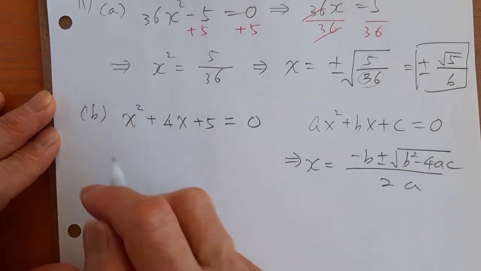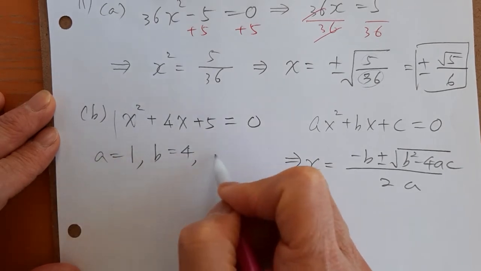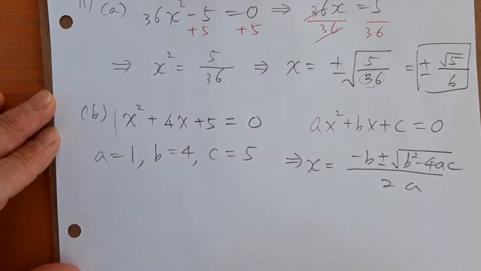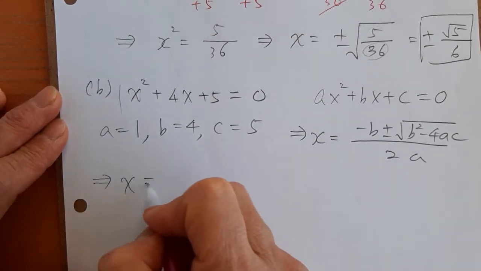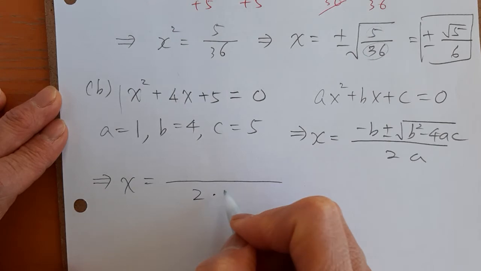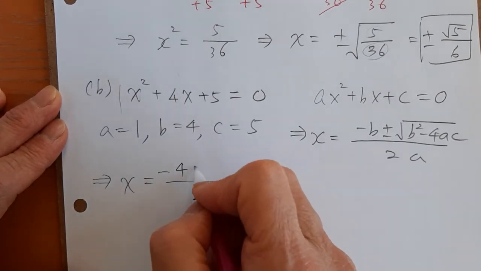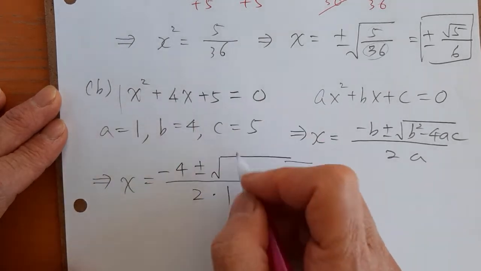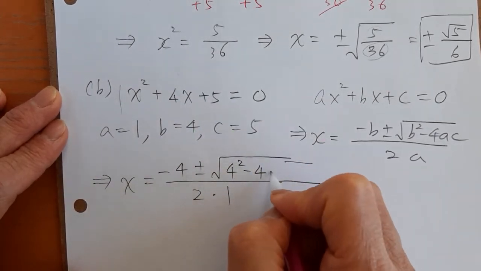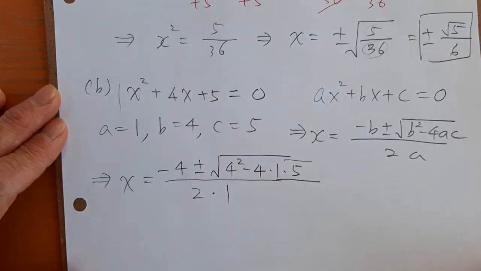So here a equals 1, b is 4, c is 5. So x equals, over 2a, a is 1, negative b, b is 4, plus or minus square root of b squared, b is 4, minus 4 times a is 1 times c is 5.